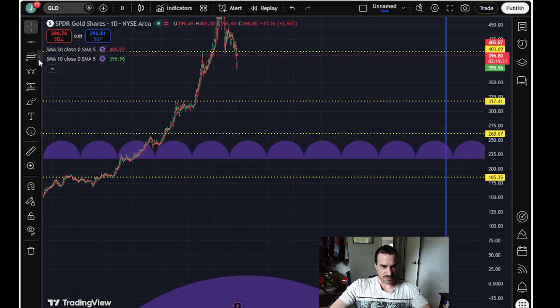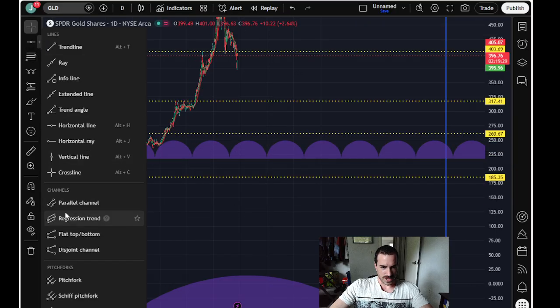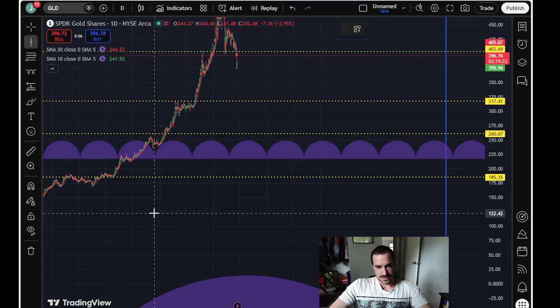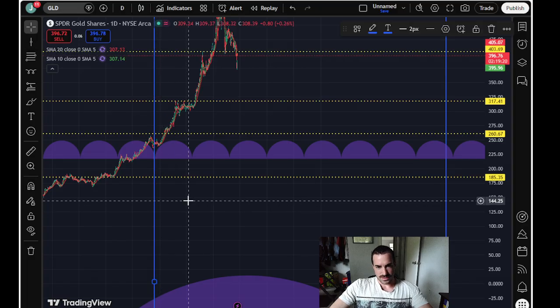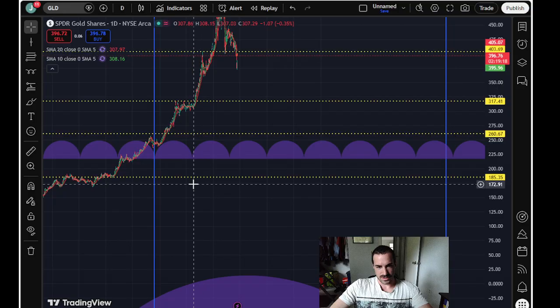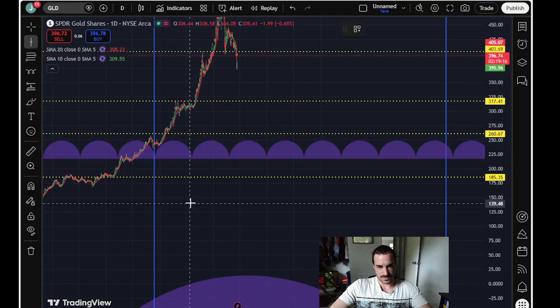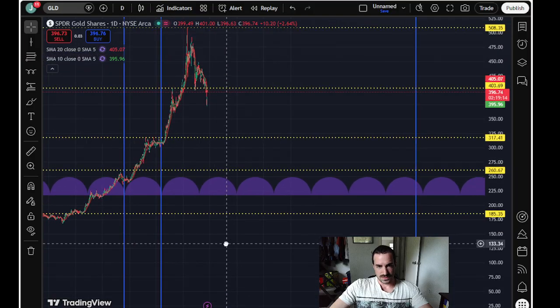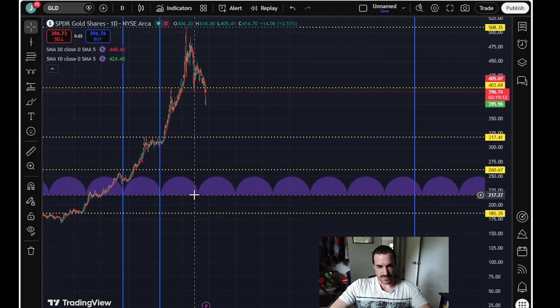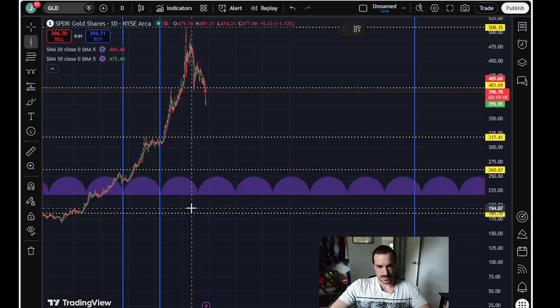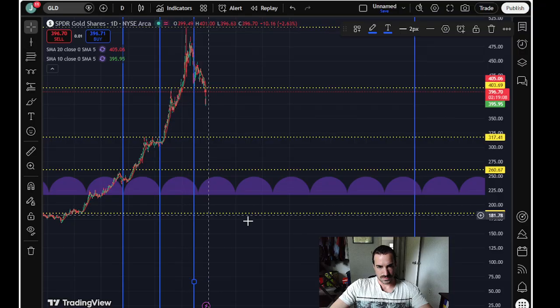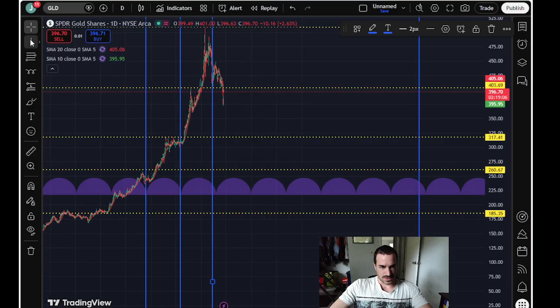All right, now let's do vertical lines at the bottom of the troughs. Let's see, vertical line. So trough right here, and it broke out. And a trough right here. Let's see, going back.